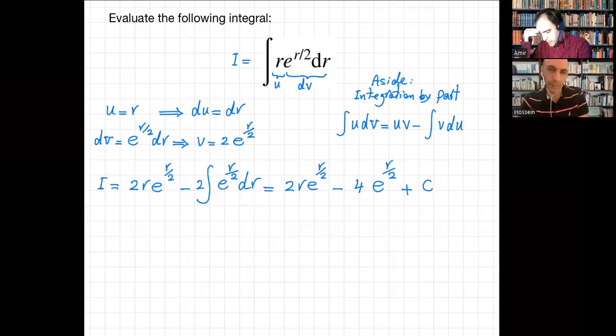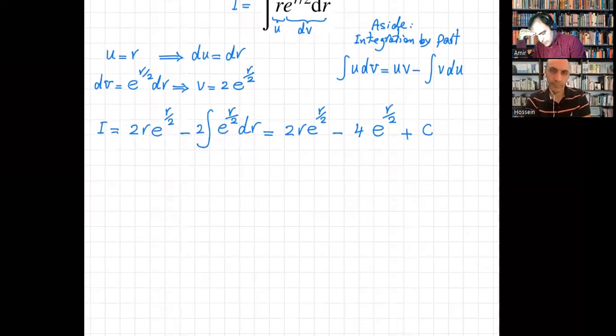Yeah. The integral of e to the power of x dx is e to the power of x plus c, correct? Yes.